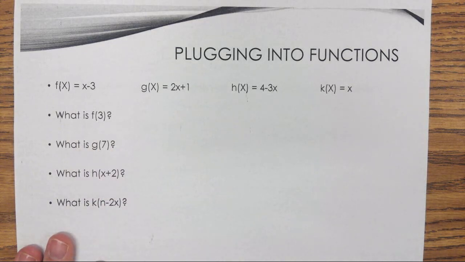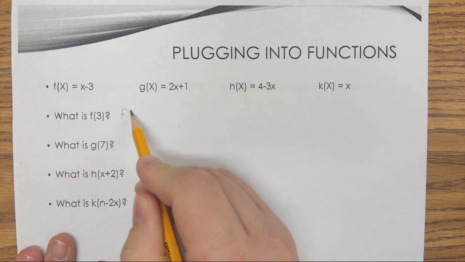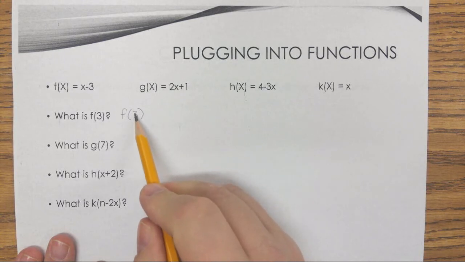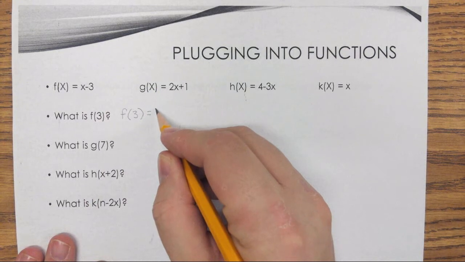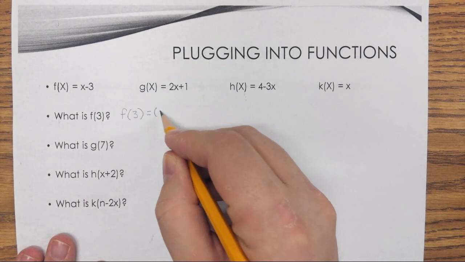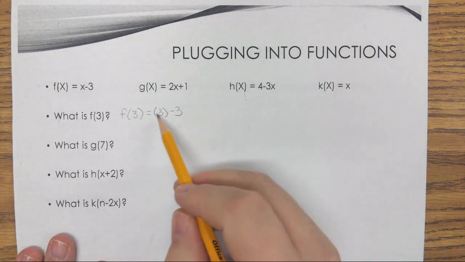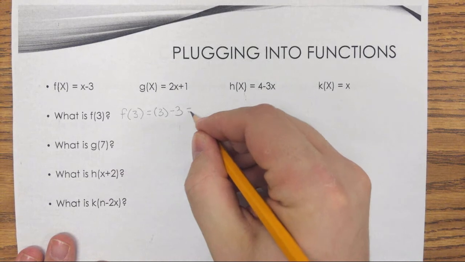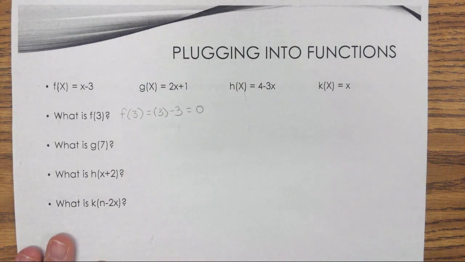So, I don't know if you guys remember how to do this or not, but if I'm doing f of 3 like this, then I'm just taking this 3 and I'm going to plug it in for the x. So f of 3 equals 3 minus 3. I'm just taking the 3, putting it in the place of the x, which of course 3 minus 3, that's just 0.